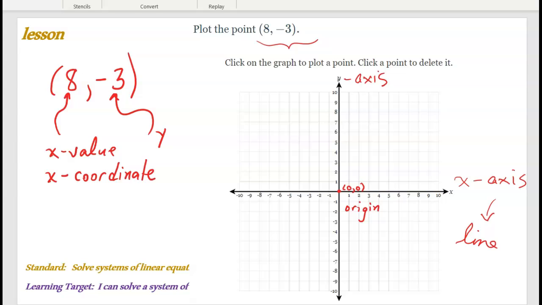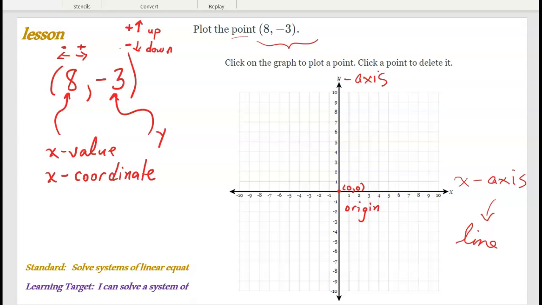Your x coordinate always tells you to go left or right: left if negative, right if positive. And the y value always tells you to go up or down. If it's negative, you go down, and if it's positive, you go up. So that's your point.